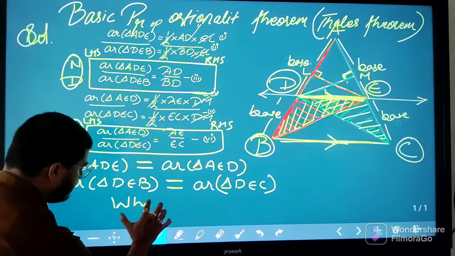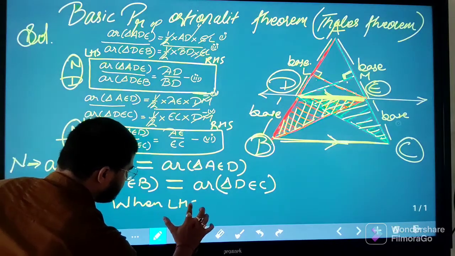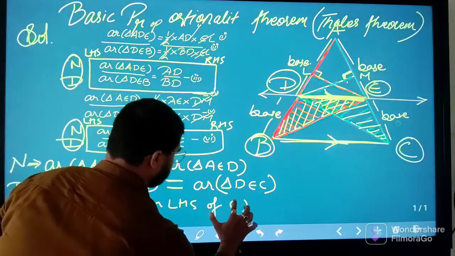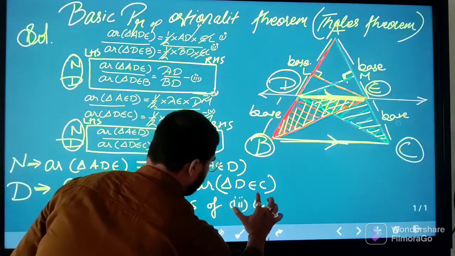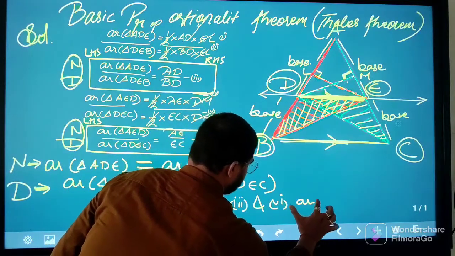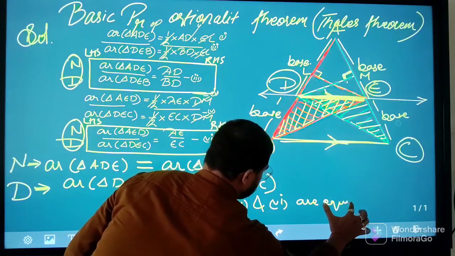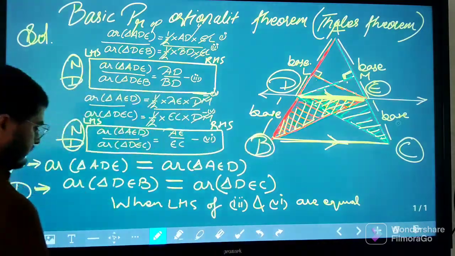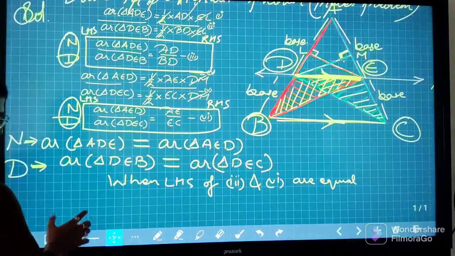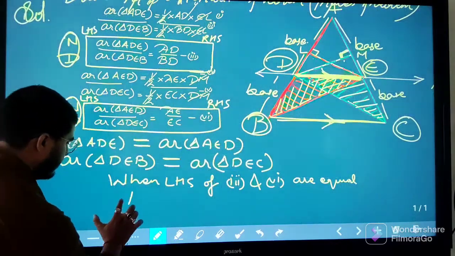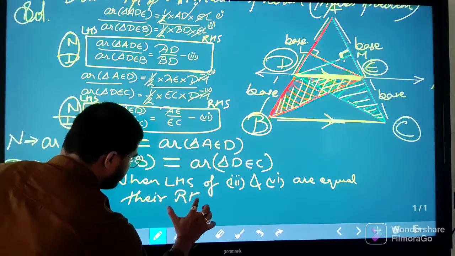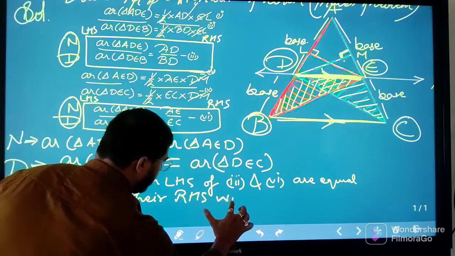We'll say when the LHS of point number 3 and point number 6 are equal, their RHS, right hand side, will also be equal.